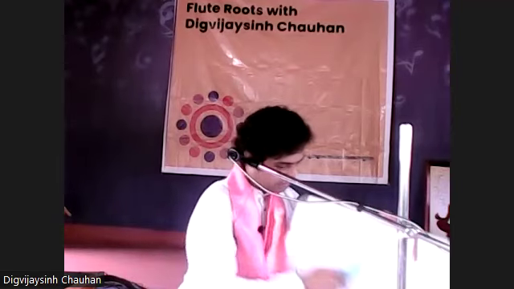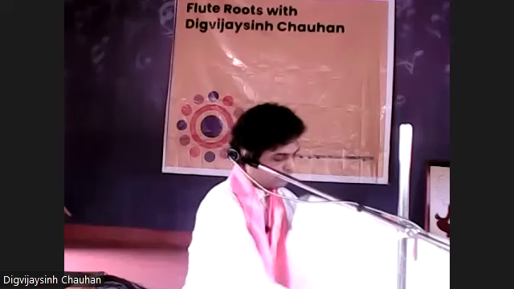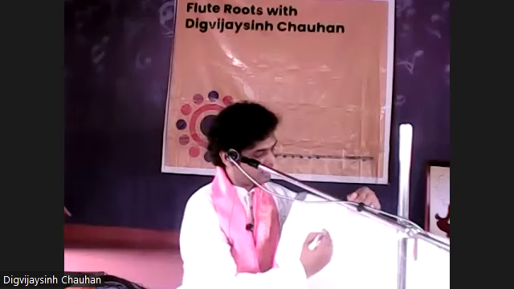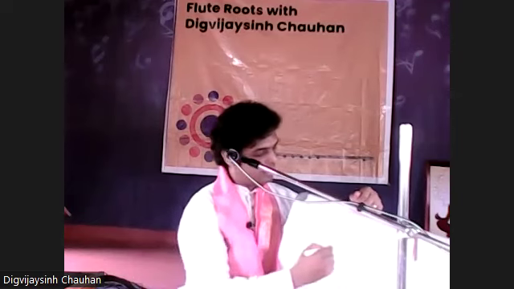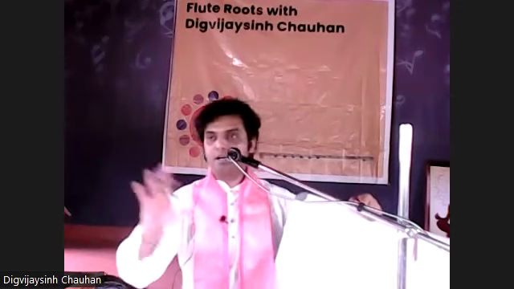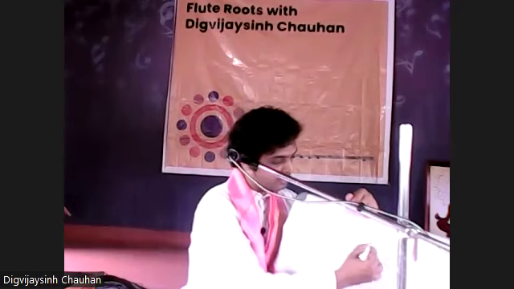The next thing is Vadi Swar and Samvadi Swar. Okay, you remember the example I gave you for Raga Bhupali. If I choose the notes Sa, Re, Ga, Pa, Dha, Sa, and if I give importance to this note and this note, it will become some raga. But if I give importance to this note and this note, then it will be some other raga.